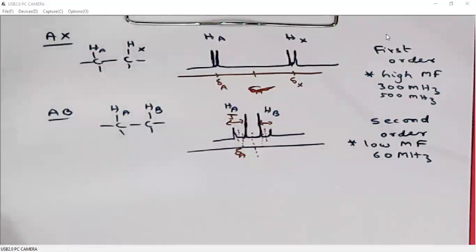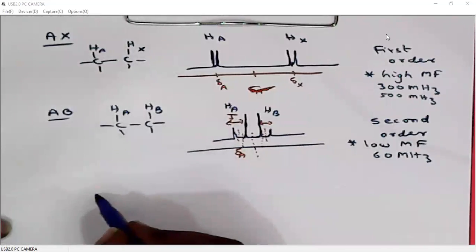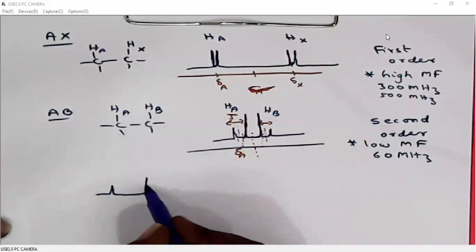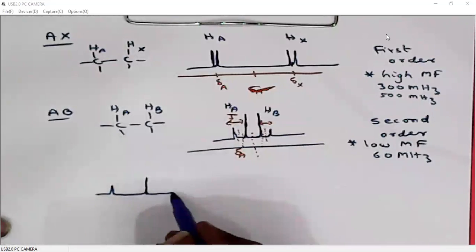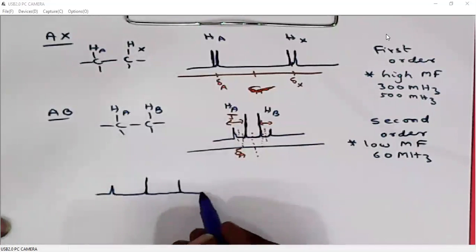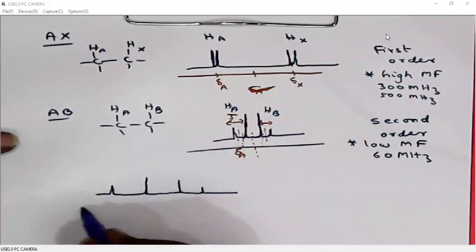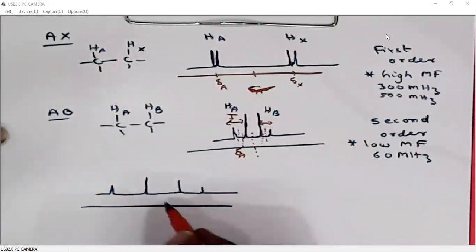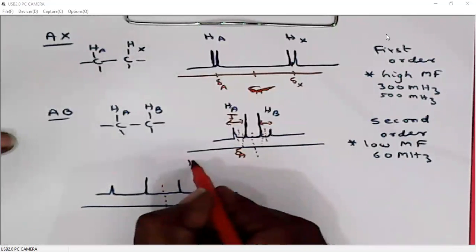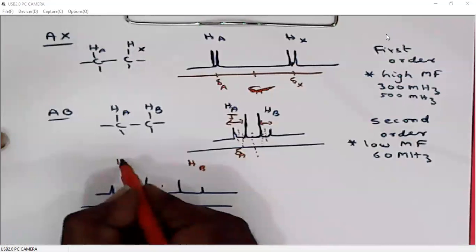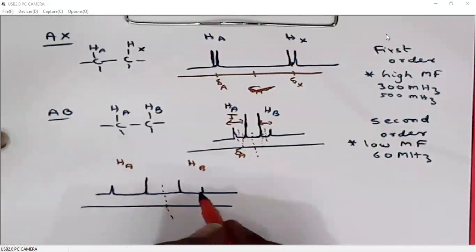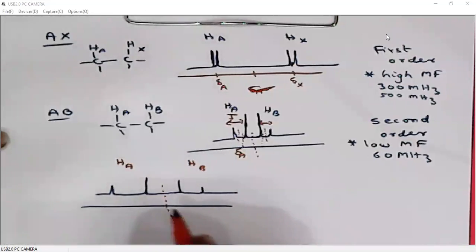I will try to draw again. So generally we try to predict the delta at the middle, but it is not the predicted delta. Why? Because this is for A type protons, this is for B type protons. It should be different for these protons and these protons.